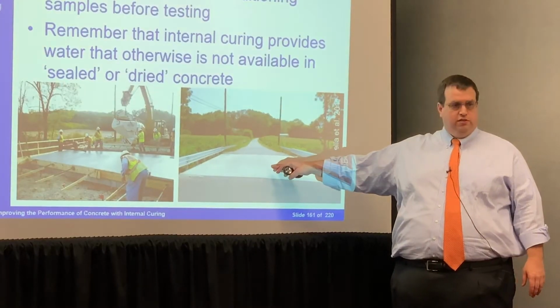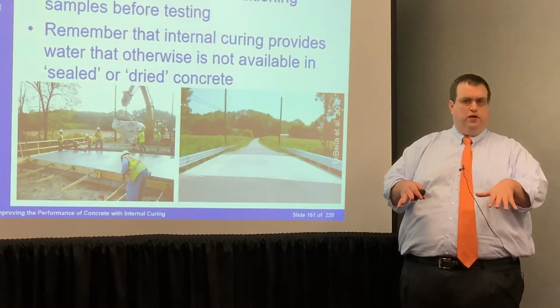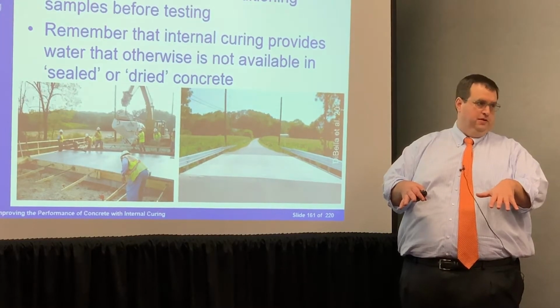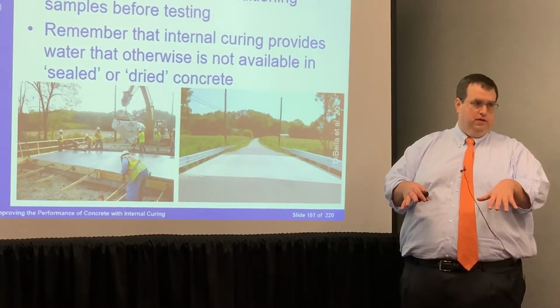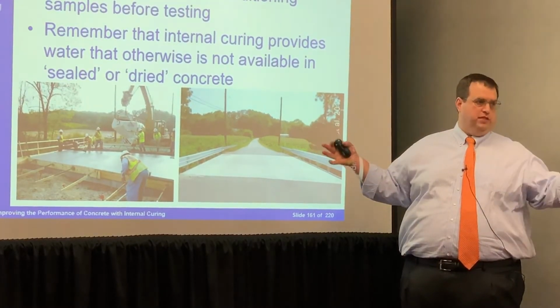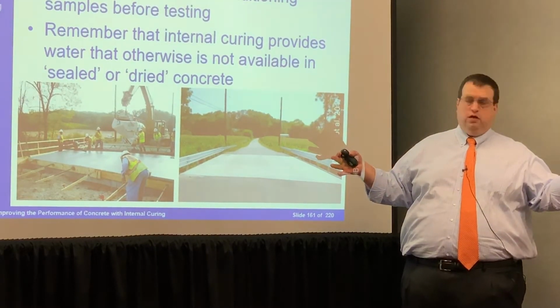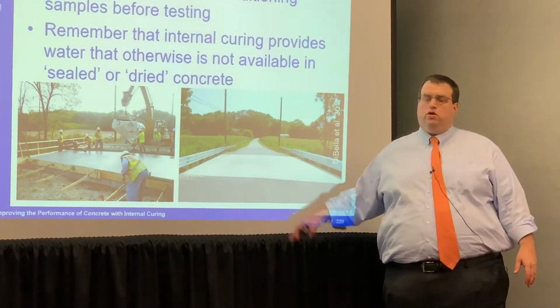To do something that looks more like real concrete, right, we frequently don't take one of these bridges and place it underwater for 28 days until we test it, providing it all the access to water. Right? We saw pictures earlier where we don't even take care of it for the first 6 hours. Right? So we've always argued that to really see the benefit of internal curing, you want to see sealed samples.